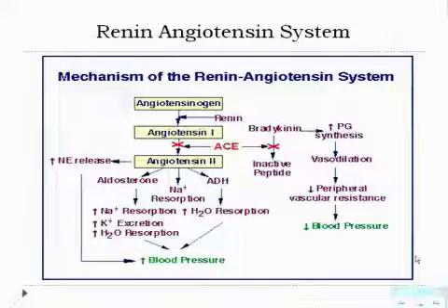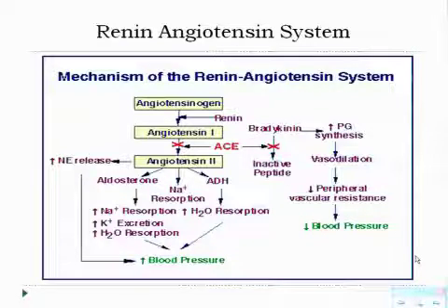Angiotensin 1 then circulates into your venous circulation, goes through the lung, which then gets converted from angiotensin 1 to angiotensin 2 with ACE, which is the angiotensin converting enzyme that's located mostly, about 80-90%, in the lung. That converts now an activated angiotensin 1 to an angiotensin 2, which then has vasoconstricting abilities. Plus, it also goes to the adrenal and causes an increased release of norepinephrine, which causes more vasoconstriction.